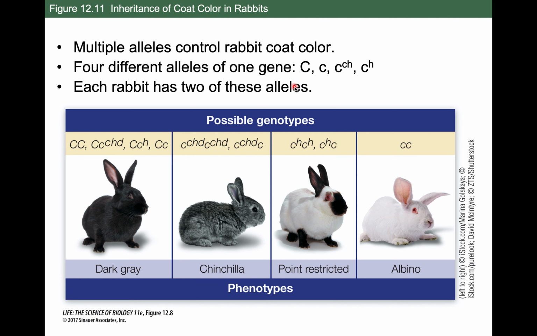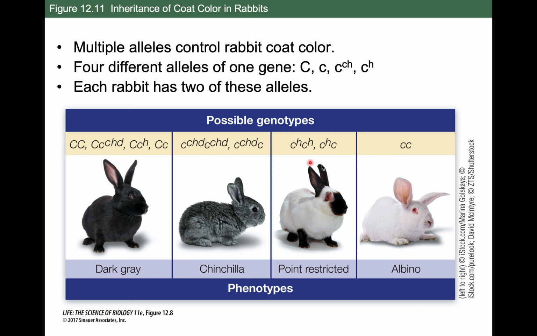And every rabbit has two copies of this C gene. So depending on which two alleles it gets, you get one of these varied fur colors. And I'm not going to test you over this. I'm not worried about you memorizing exactly how fur color is determined in rabbits, but the way it plays out, if you're interested, is if you have one of the dominant alleles, a big C, you're going to be a dark gray rabbit.